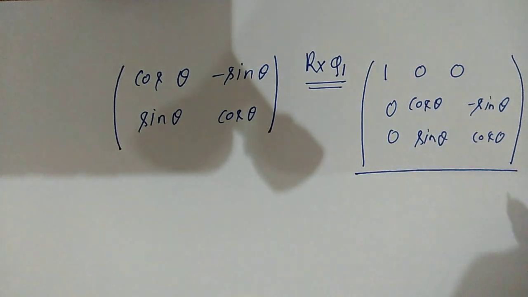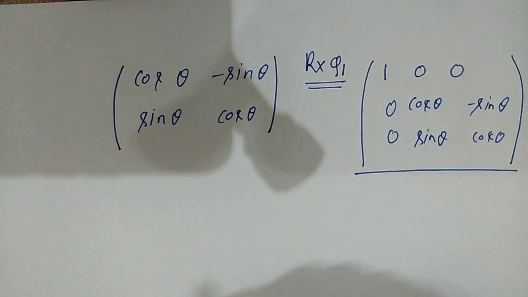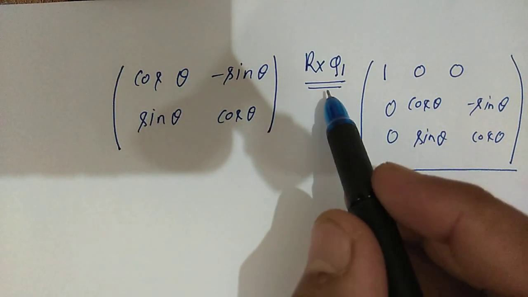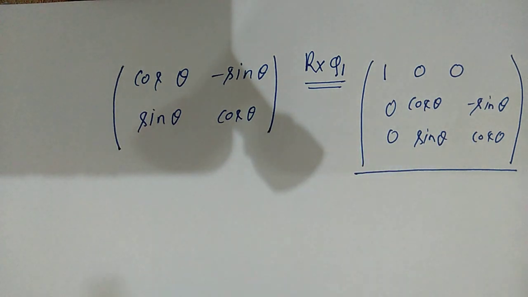So this is the rotation matrix of space along the angle phi. Similarly, we can have along the y-axis, along the z-axis.